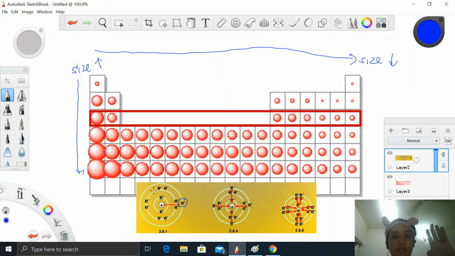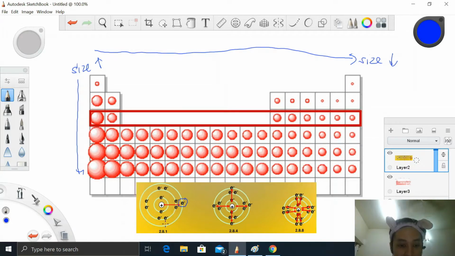When you go across period, your proton number is increasing, meaning the number of protons in the nucleus is increasing as you go across from sodium to chlorine. Therefore, when proton number increases, the nuclei attractive force is also increasing.